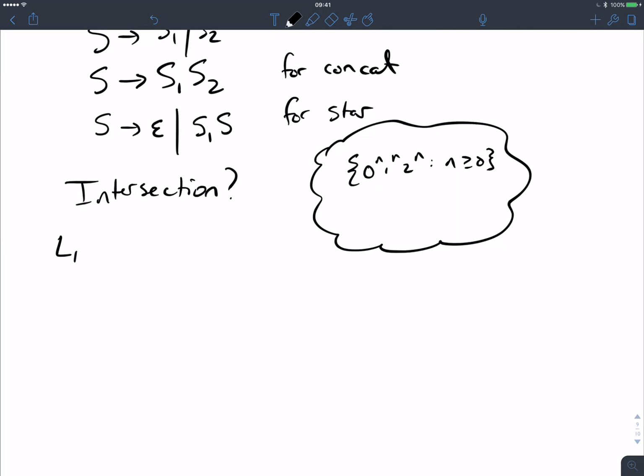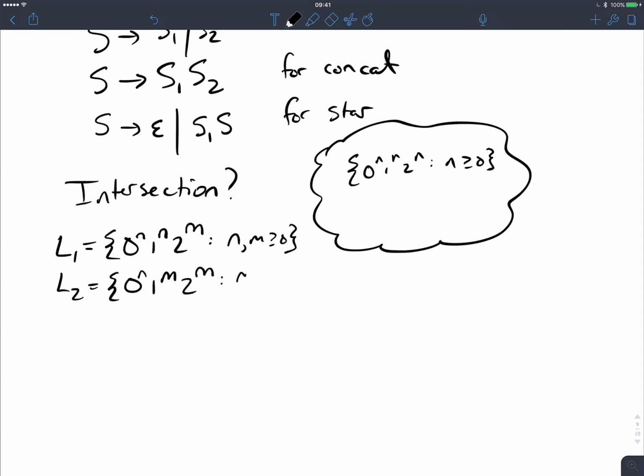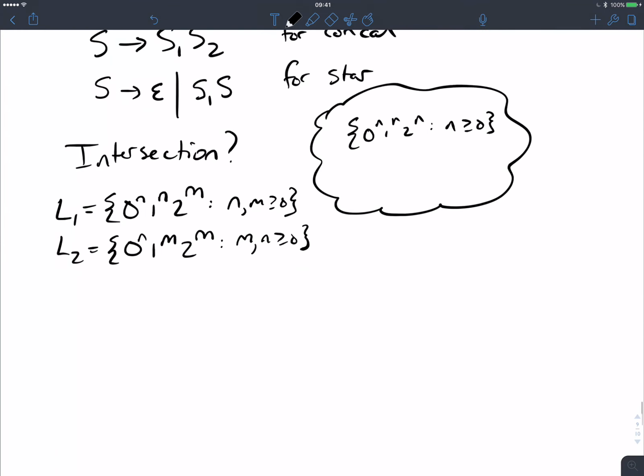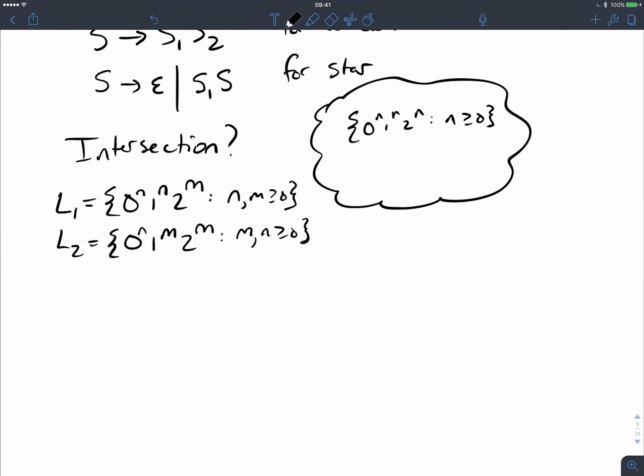So let's consider the languages L1, where the first two numbers are equal, and L2, where the last two are equal. Can I make a grammar or PDA, if you want, for both of these?